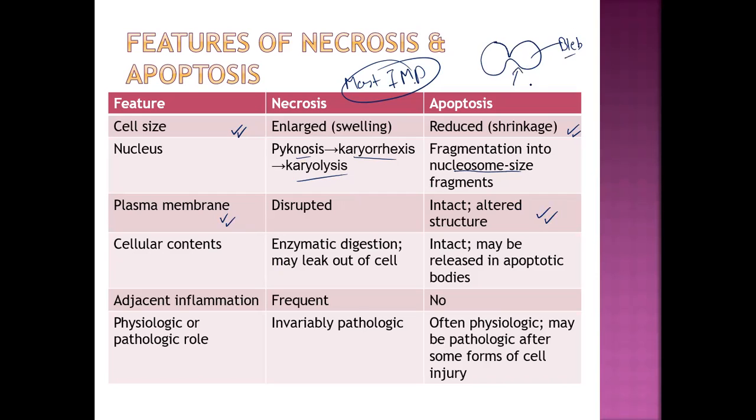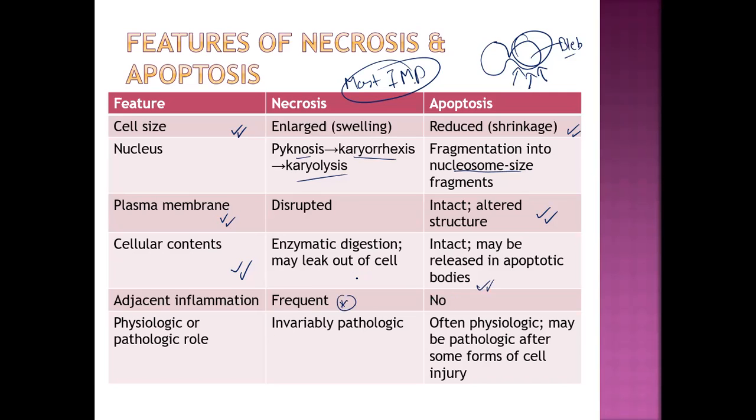Later on, it is eaten by phagocytosis, so there will be no reactions around the cell. In necrosis, enzymatic digestion of cellular contents may occur. In apoptosis, the cellular content is intact and apoptotic bodies may be present. Adjacent inflammation is frequent in necrosis, while in apoptosis there will be no adjacent inflammation.